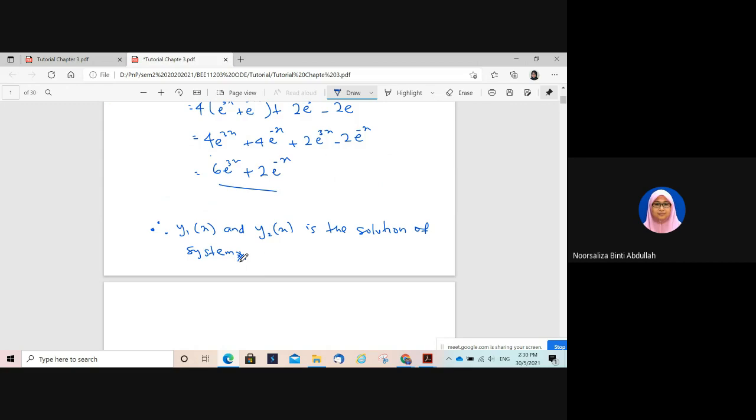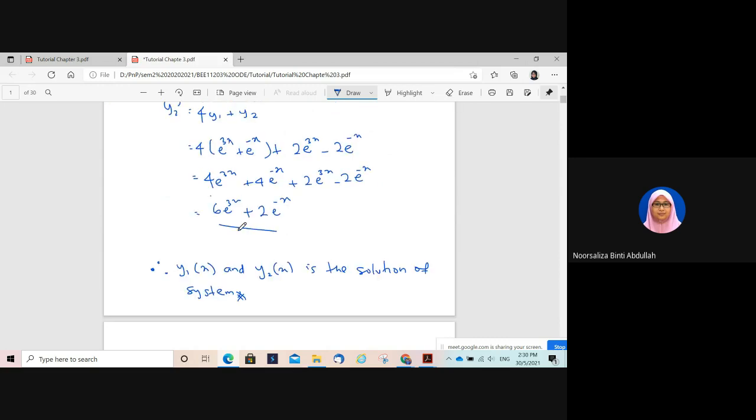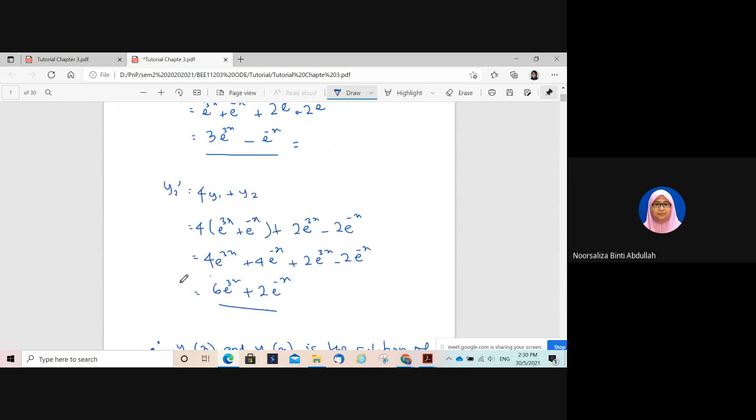You have to put this sentence, otherwise you lose 1 mark from here. So y1 and y2 is the solutions of the system. It's some kind of your conclusion. Now I conclude that y1 and y2 is the solutions of the system. If you don't do this, we don't know what you proved here.